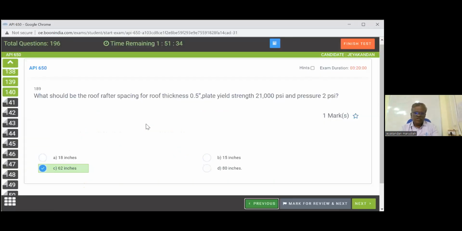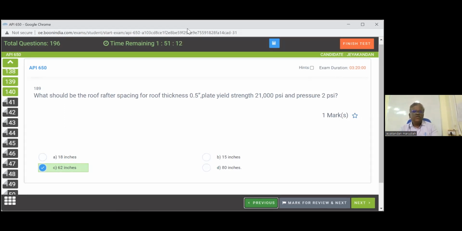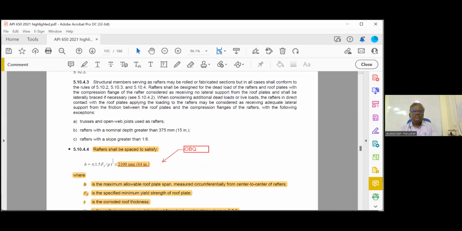So square root of 1.5 into 21,000, into Fy, the yield strength F. Okay, 1.5 divided by P.